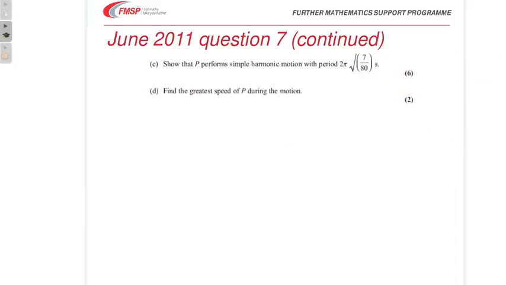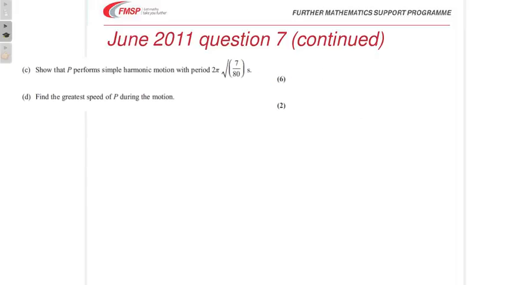And this says show that P performs simple harmonic motion with period 2 pi. Okay. So what we've got here, if I just move that over a bit, there's P. Here's the equilibrium position, and here's x. x double dot will be measured that way, will be positive that way.